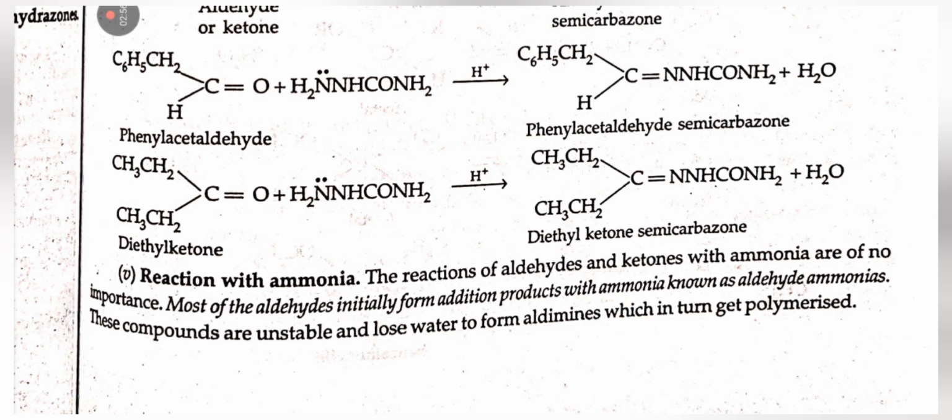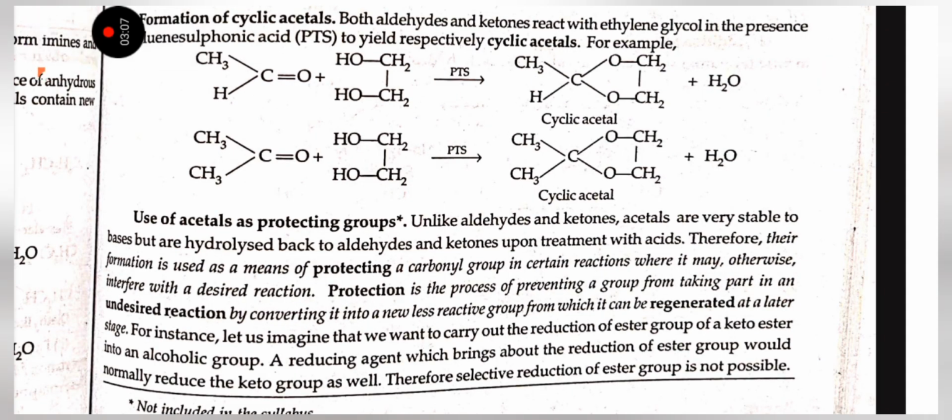This product is unstable and loses water to form aldimines, which in turn give polymerized products. Both aldehydes and ketones react with ethylene glycol in the presence of para-toluenesulfonic acid to yield cyclic acetals respectively. For example, cyclic acetals are formed as in these reactions.